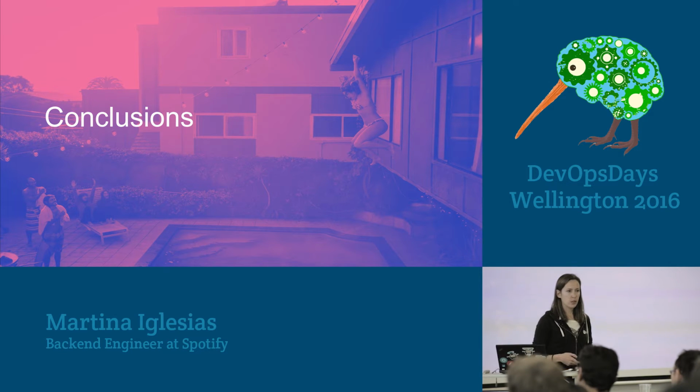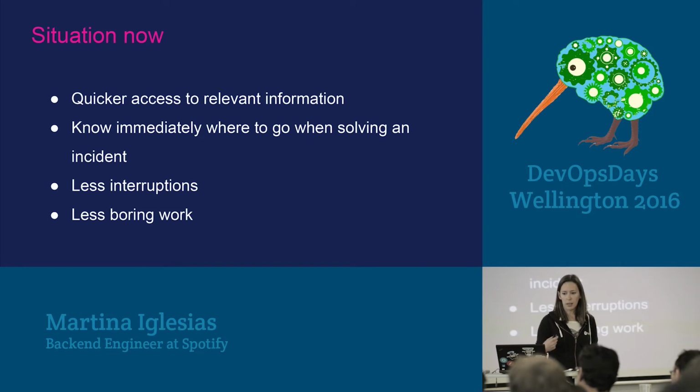So after using this for a few months, almost a year now, in my opinion, I think it's quicker and easier to access all the relevant information for specific services, because I know exactly where to go if I want to check something. It's like system set, search box. I type concert service, all the API.